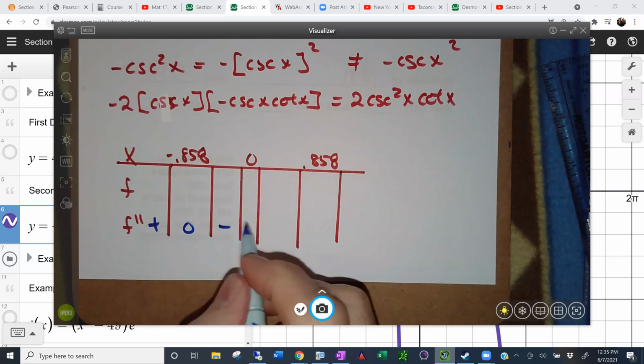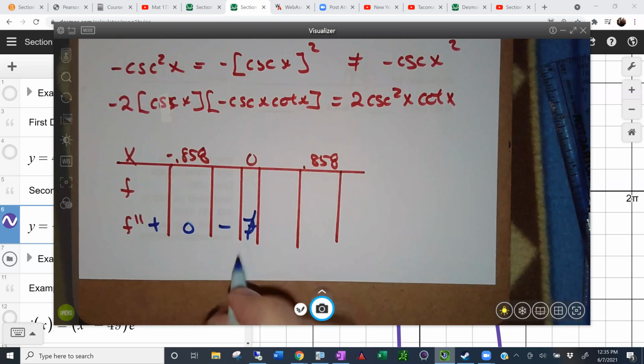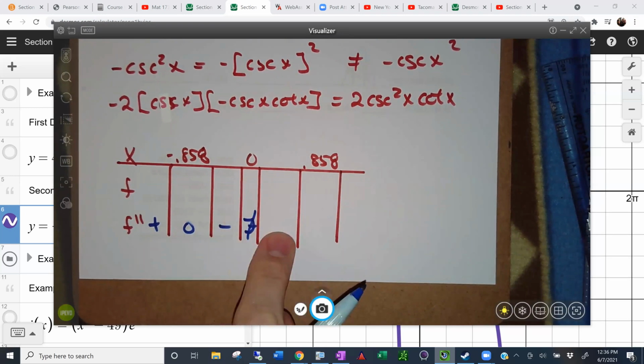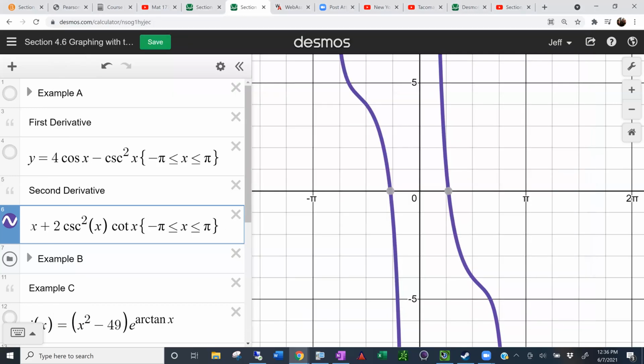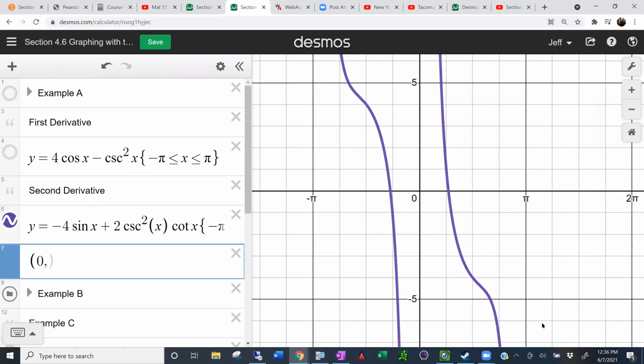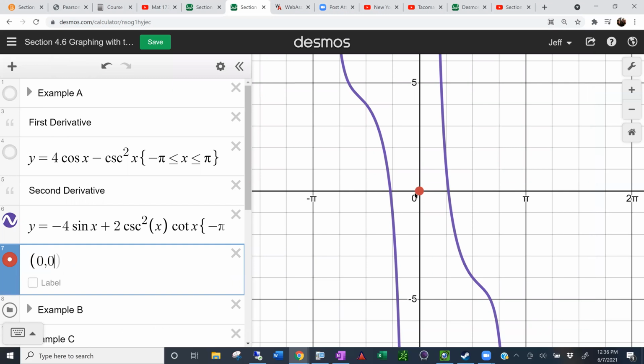Now, the function does not exist at 0, but it can change signs at 0. So we have to look on the other side of that vertical asymptote. And as we cross 0, it's not really a point on the graph, but as you move from the left side to the right side, what happens to the sign of the second derivative?